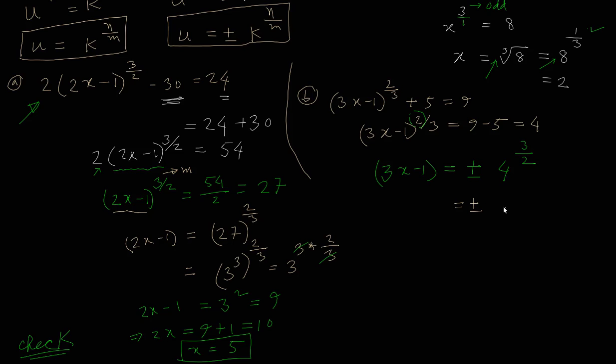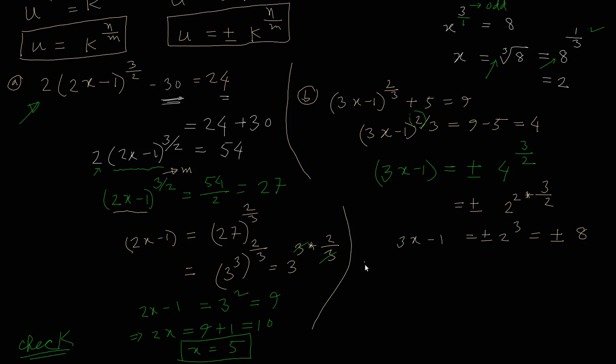Let's simplify the other side. 4 I can write as 2 square, and the power I have is 3 over 2. So the 2s cancel out and I am left with 2 cube. So it is plus minus 2 cube, which is plus minus 8. So 3x minus 1 is plus minus 8.